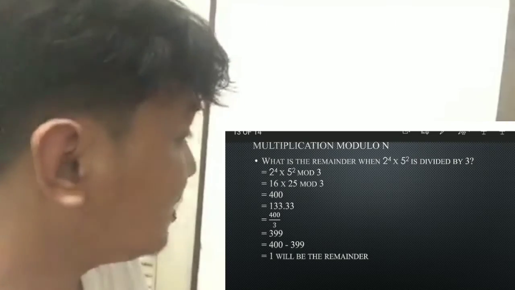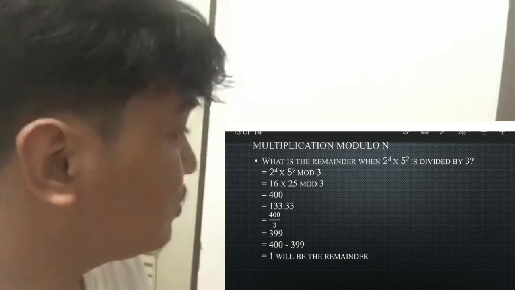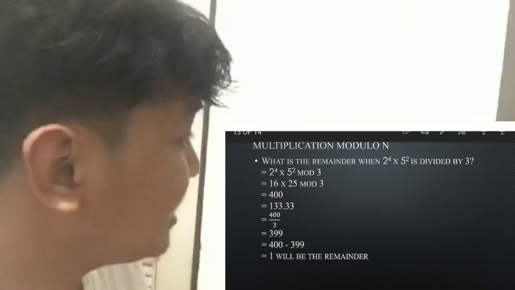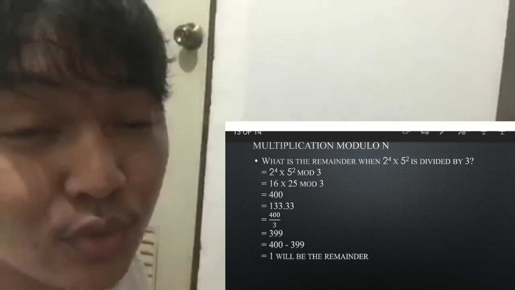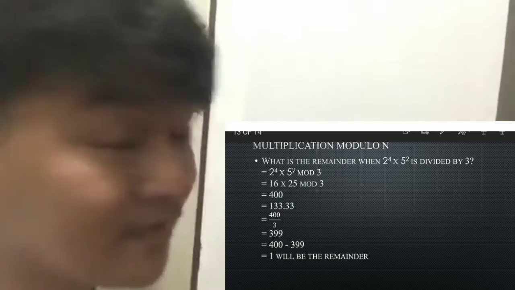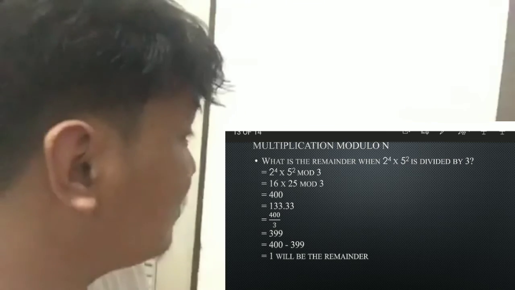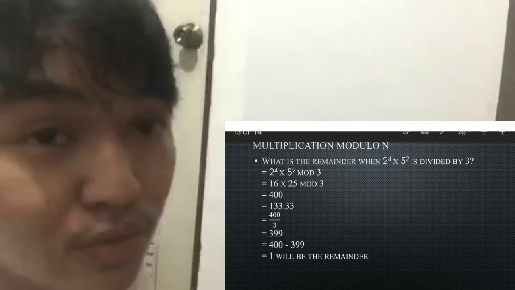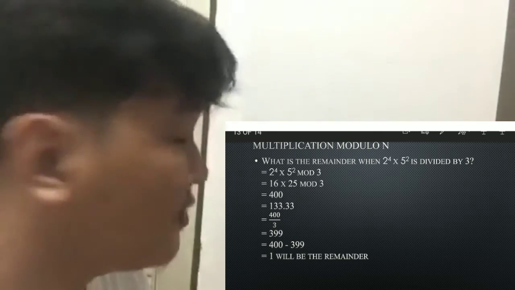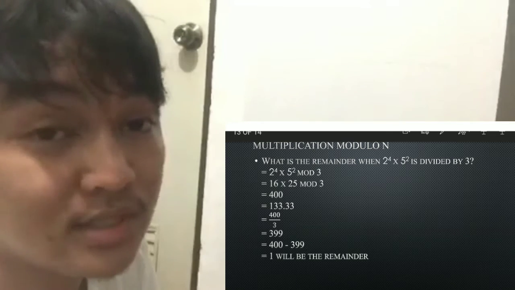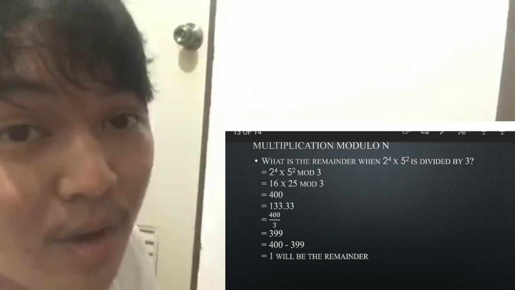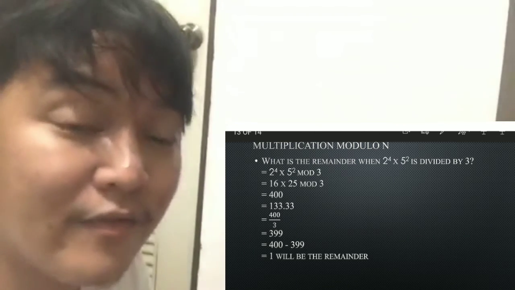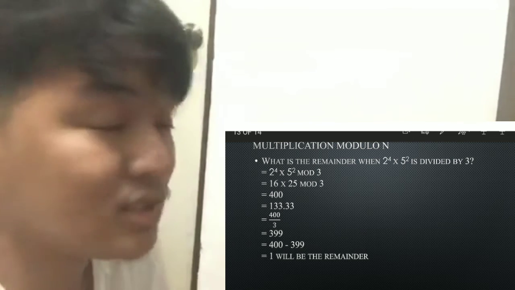For the second example, what is the remainder when 2 raised to the power of 4 multiplied by 5 raised to the power of 2 is divided by 3? The given is 2 raised to the power of 4 times 5 raised to the power of 2, and the mode is 3. So 2 raised to the power of 4 is equal to 16, and 5 raised to the power of 2 is 25.